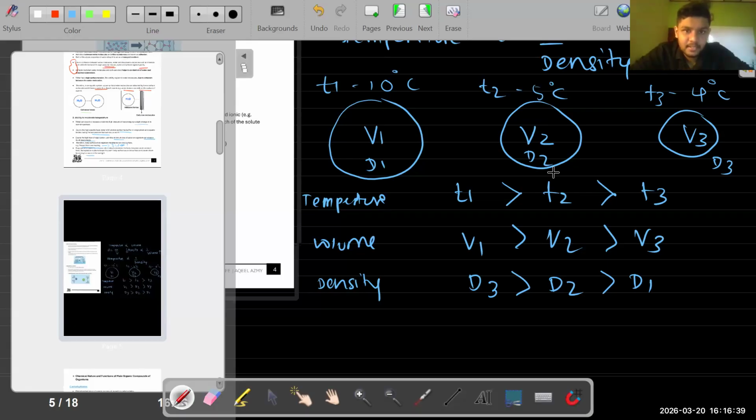Highest density is seen for D3, D2, or D1? Highest density is for D3. So, what is the temperature of D3? 4. That is the answer.